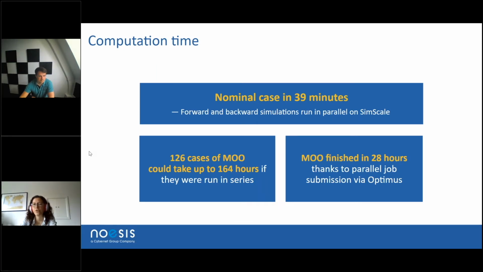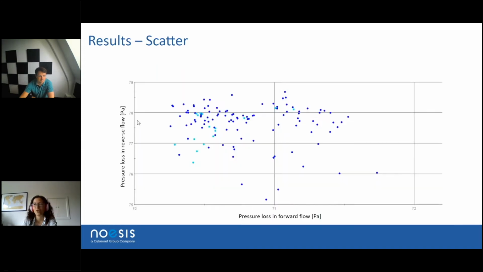So if we take an average of 40 minutes for each simulation, it could take up to 164 hours for 126 cases with 2 simulations. So parallel job submission reduced the total time to 1/6. After 28 hours, we had our results for the multi-objective optimization.